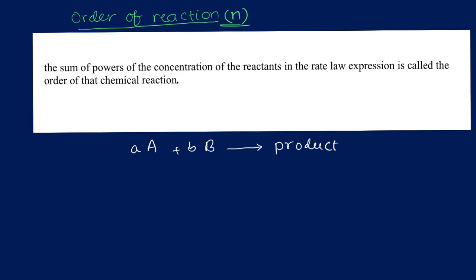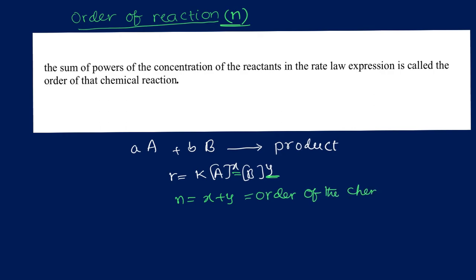Its rate law expression is r = k [A]^x [B]^y. Now these powers x and y, their sum, n is equal to x plus y. This is called the order of the chemical reaction.